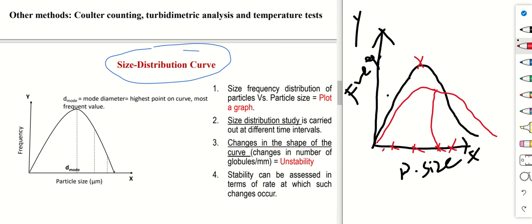There are other methods by which we can count the number of globules, which include Coulter counting, turbidimetric analysis, and temperature tests. The name itself indicates Coulter counting includes the counting of the globules when an emulsion is placed in the Coulter counting machine or instrument.